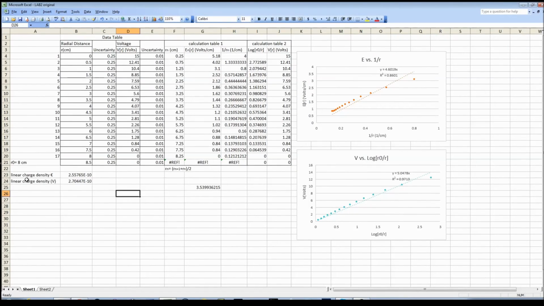And here we have our final calculations. Our linear charge density by way of ER is here, and our linear charge density by way of VR is here. These two results are very close, and we believe them to be roughly equivalent.